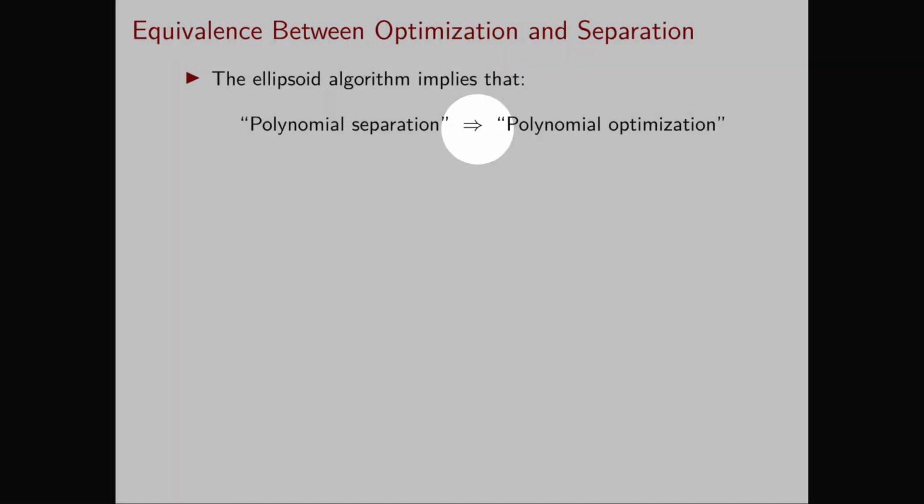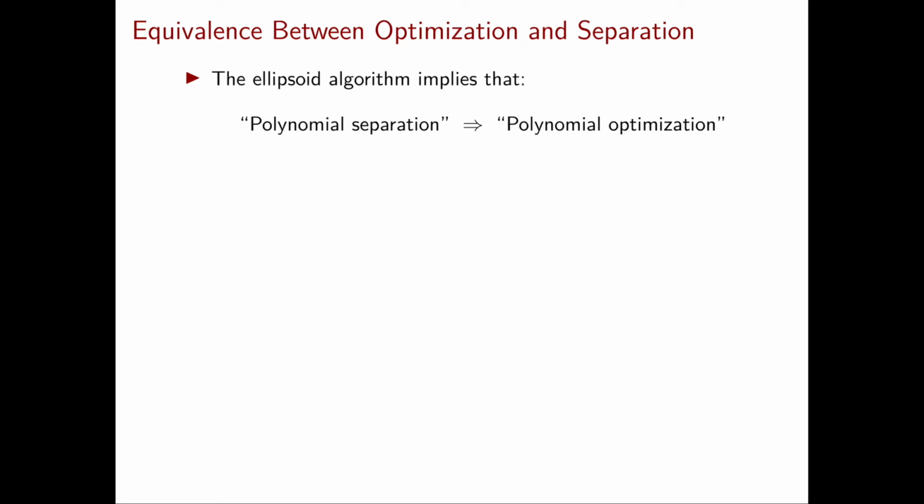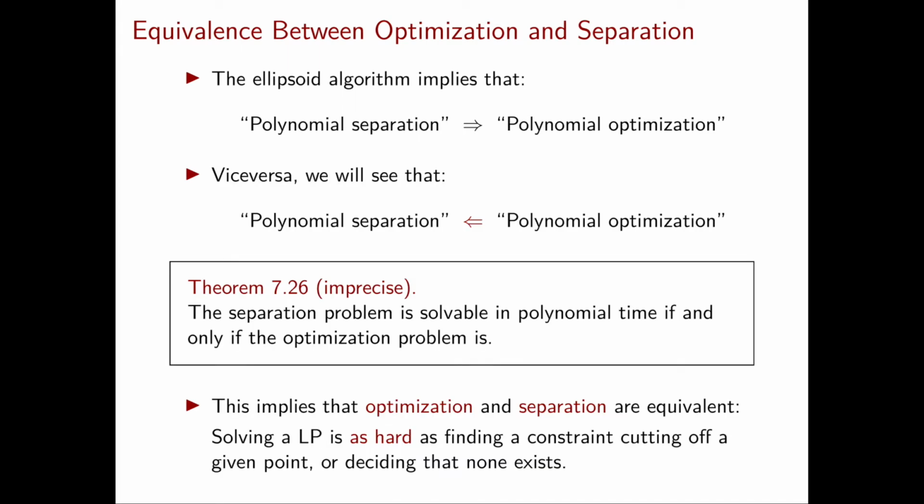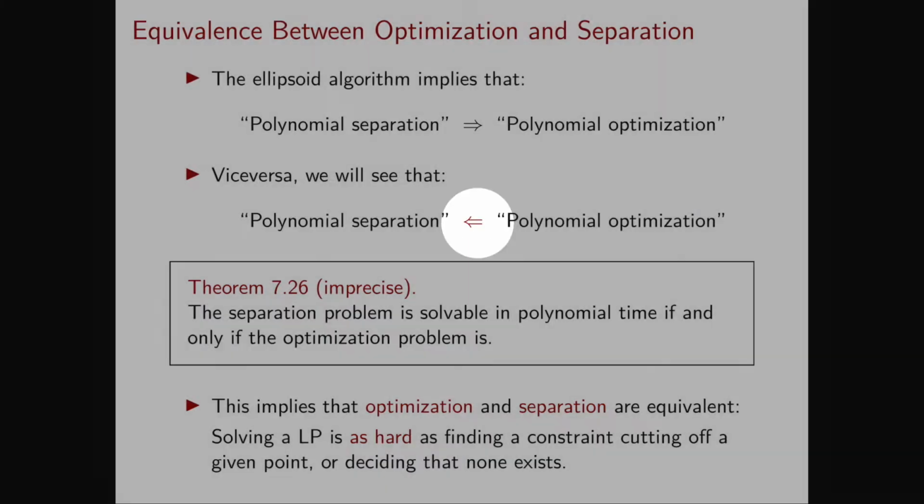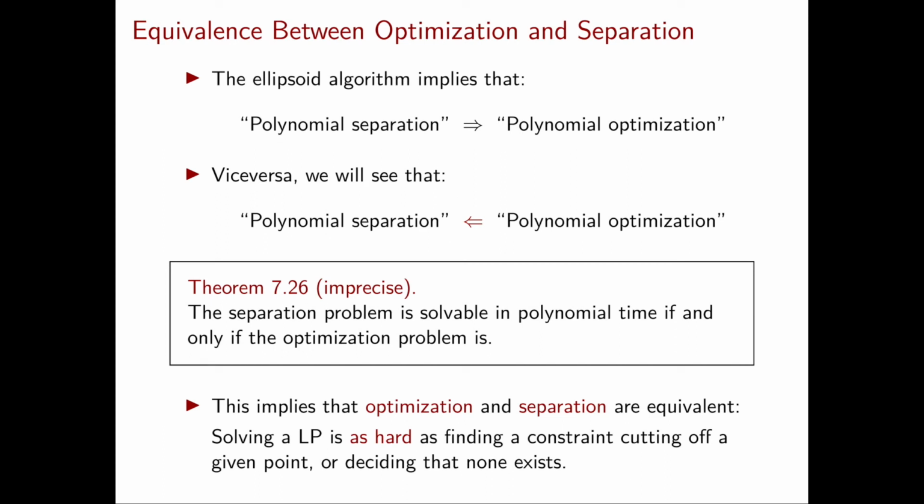So we have seen the sketch of the arguments that allow you to show that polynomial separation implies polynomial optimization. The next step that we want to discuss is that actually also the reverse implication holds. So we will see that polynomial optimization implies polynomial separation. Therefore, we're saying that these two problems are equivalent. Let's state this result in a very imprecise way, and we will make it more precise later on.